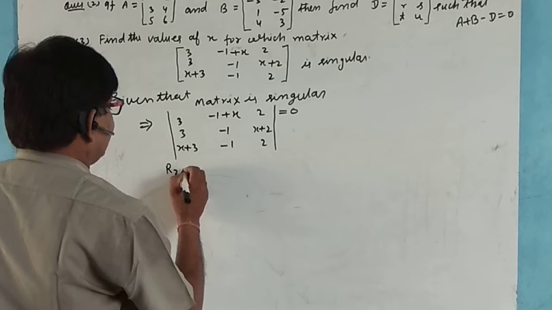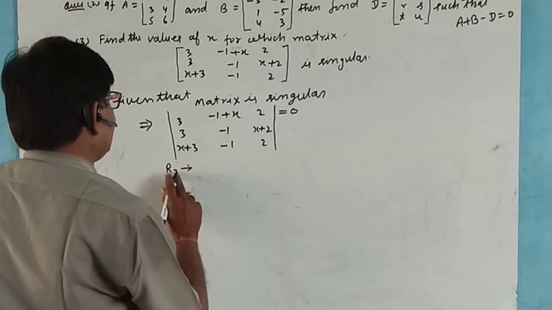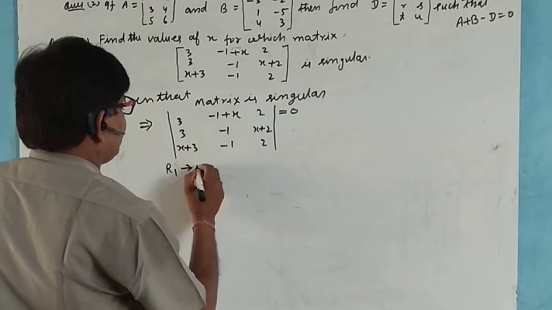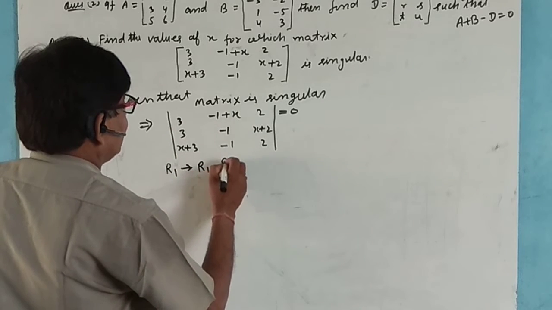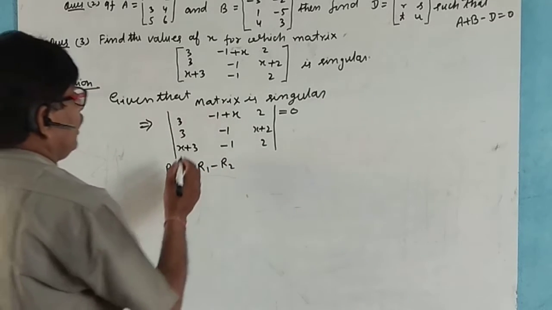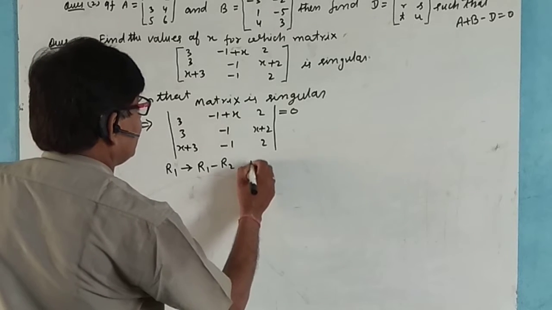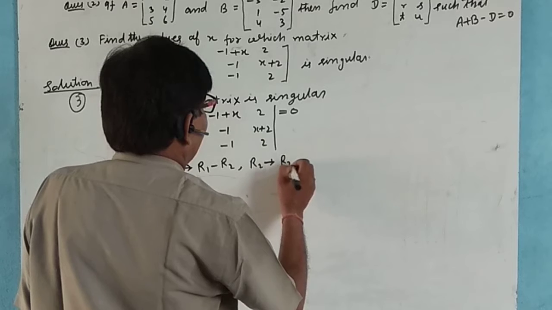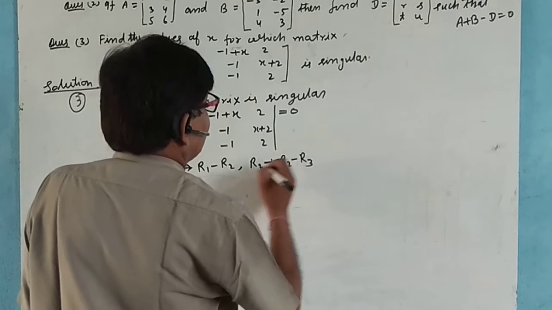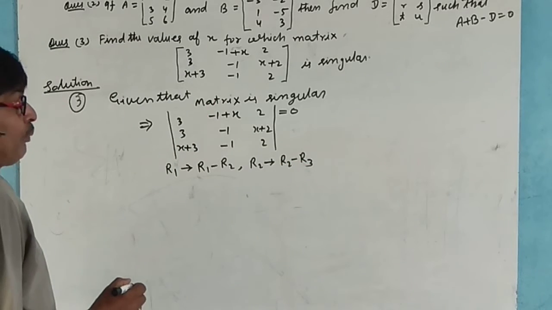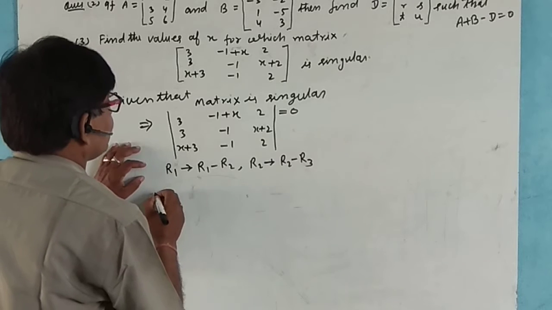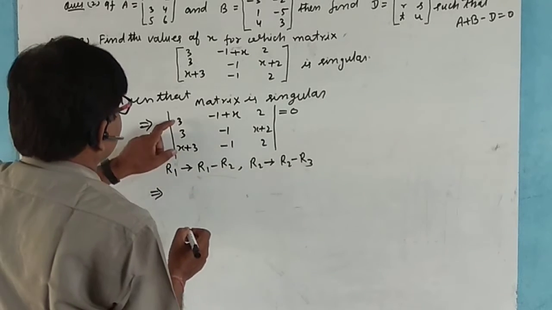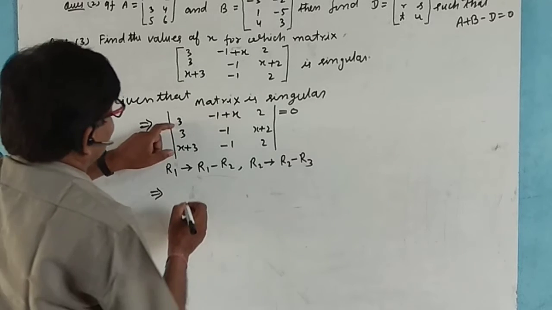R1 is replaced by R1 minus R2, and R2 is replaced by R2 minus R3. We apply this so that R1 replaces R1 minus R2.